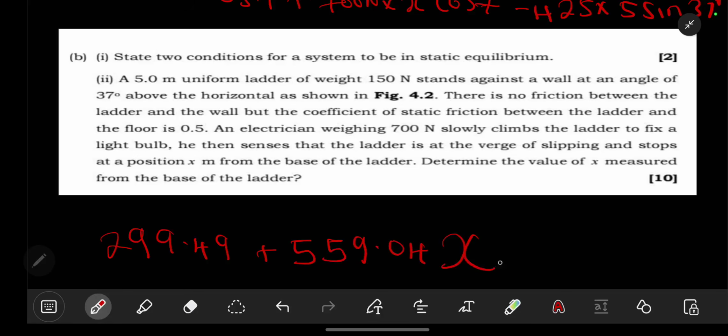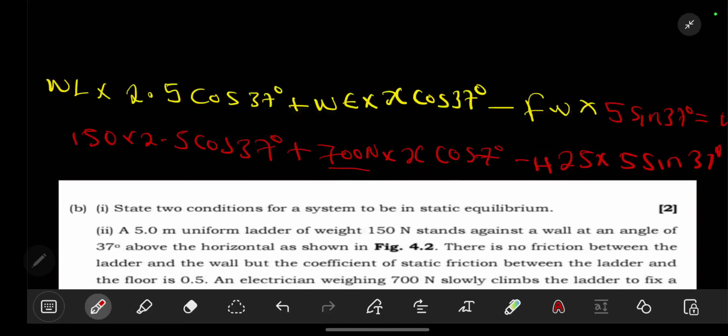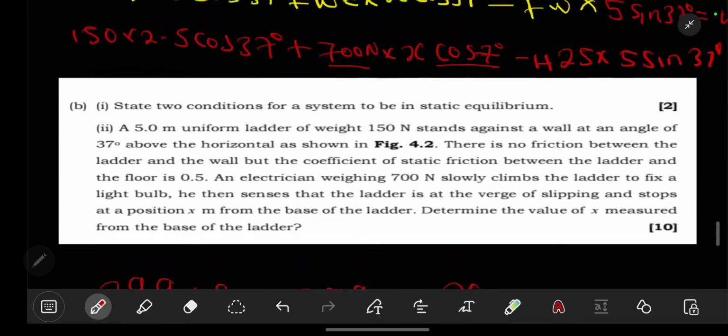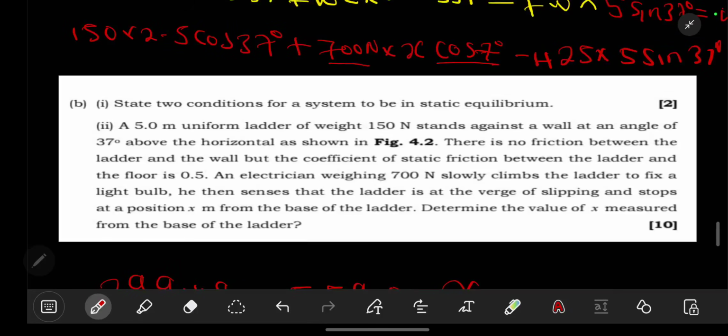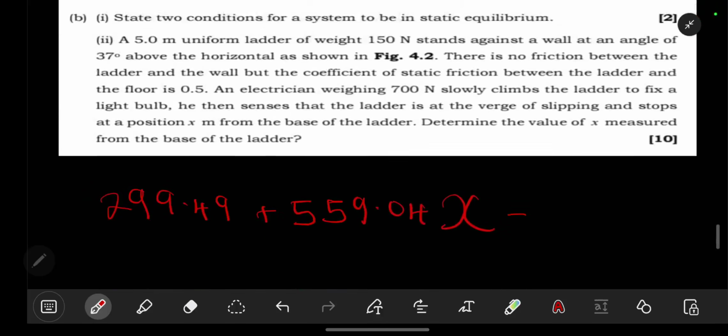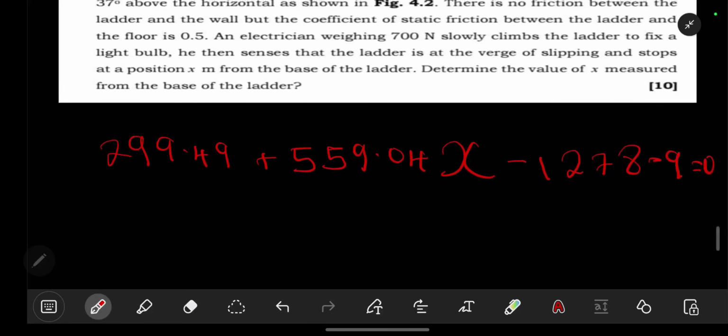But remember, there is x. You can multiply 700 times the cos of 37, but even if this is there, don't forget about it. So we have x there, then we have minus 425 times 5 sine of 37. This is going to give us 1278.9, like that, should be equal to 0.